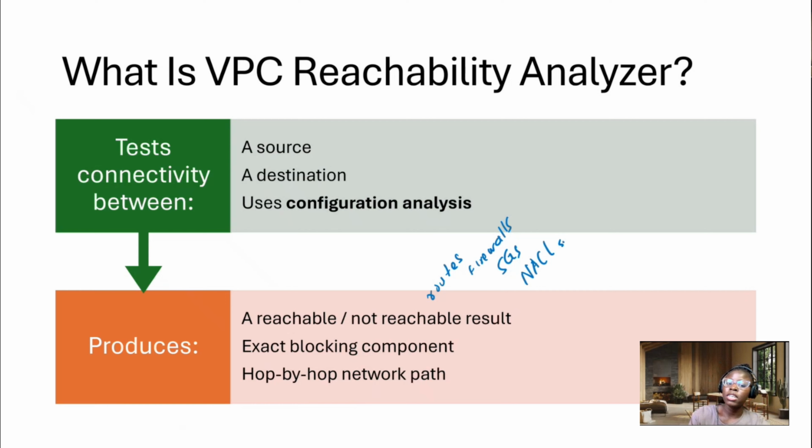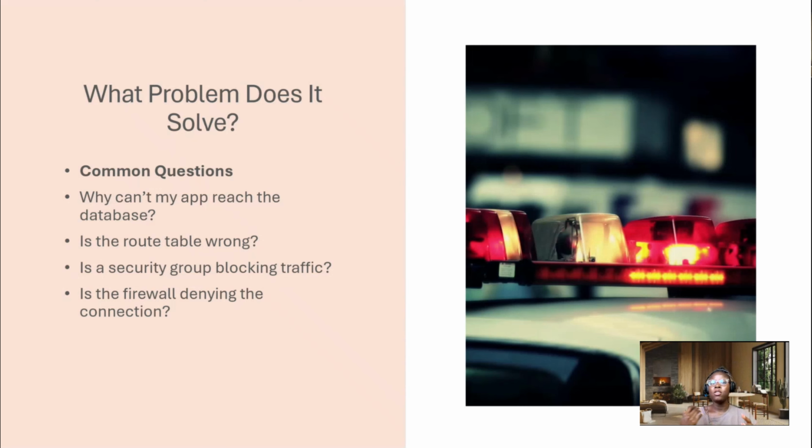So it checks connectivity between the source and the destination and produces whether it's reachable or not reachable, what exactly is blocking it, if there is anything blocking it, and then you get a hop-by-hop network path. Without this tool, troubleshooting would always mean checking everything manually. But here, the Reachability Analyzer is going to tell you exactly where the problem is.